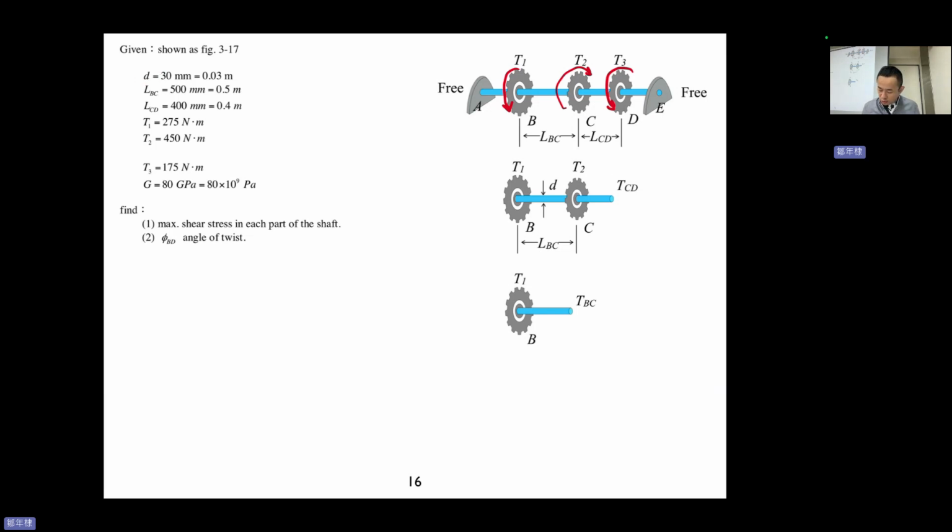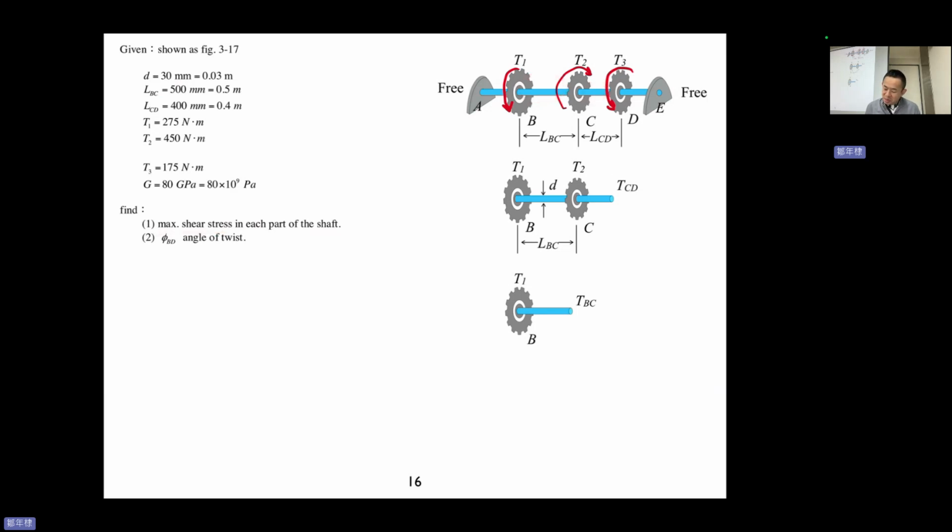So let's take a look. D, of course, is the diameter of the bar. Then LBC, LCD, and T1, T2, and T3, and G of the bar. So find the maximal shear stress in each part of the shaft. So only 2 parts, right? So it's the maximal shear stress in these 2 parts.